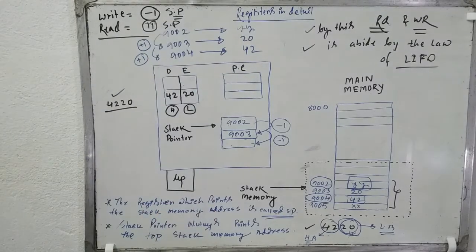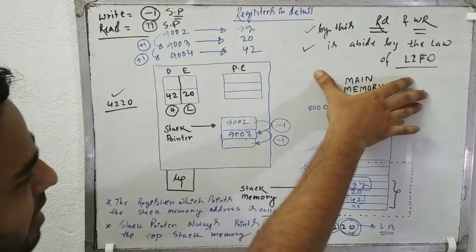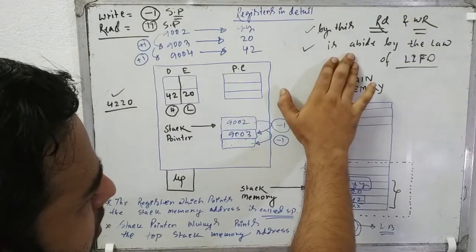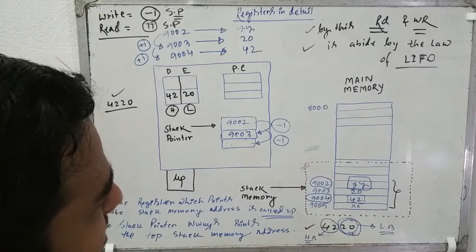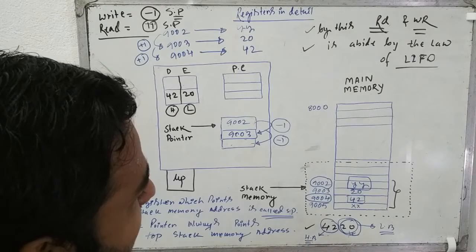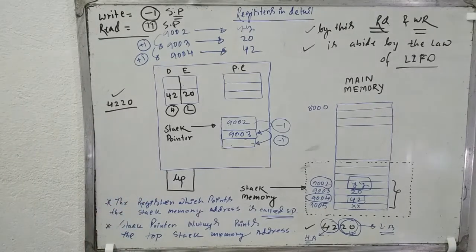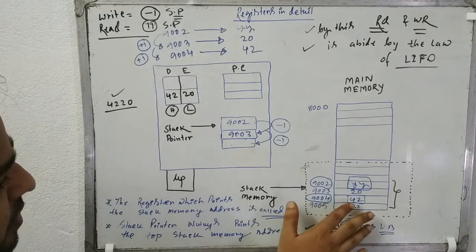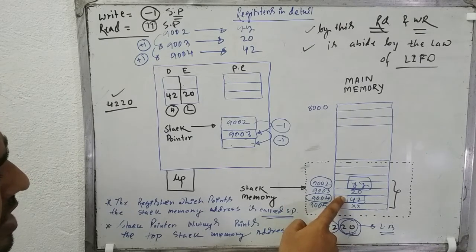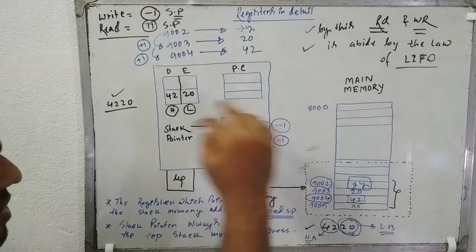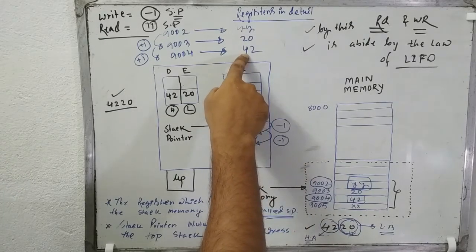So by this read write operation, it is apparently clear that this stack location abides by the law of the LIFO principle, last in first out. That means you can see over here the data which was written first is retrieved last at the time of the read operation.